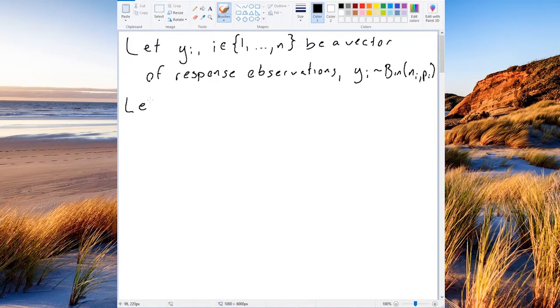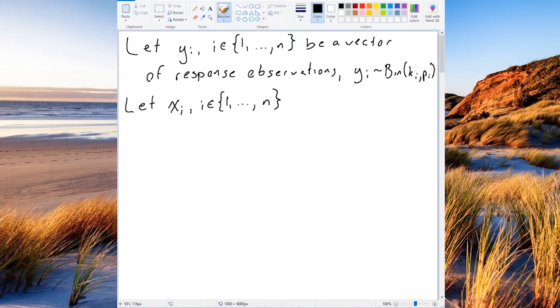And further, we'll let x_i, i again in 1 to n. Let me change this up a bit. Instead of y_i binomial n_i p_i, let's do k_i, p_i. So we've got some different indices for counting.